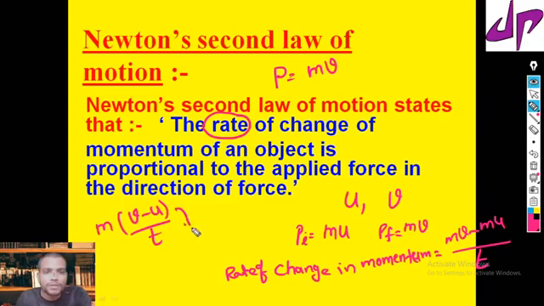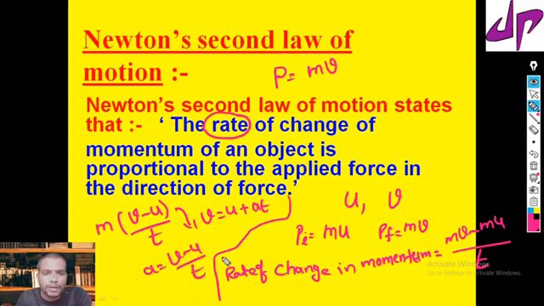From the first equation of motion, v equals u plus at, so a equals (v minus u) upon t. In place of (v minus u) upon t, I can substitute a. So this gives me the formula for force.